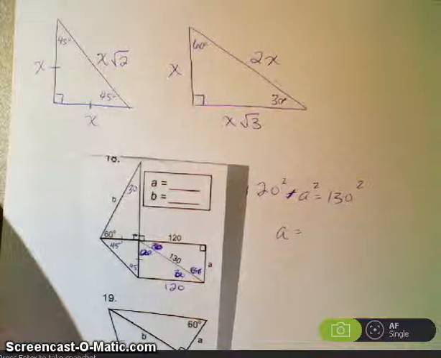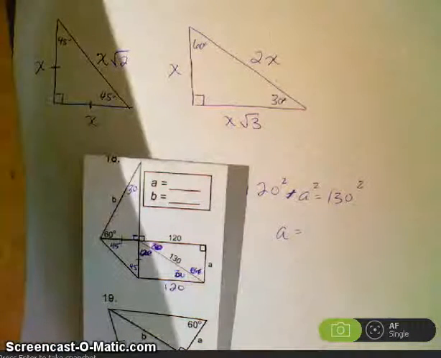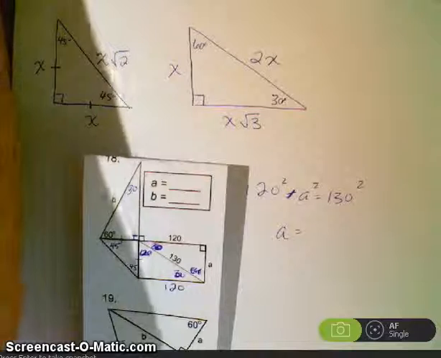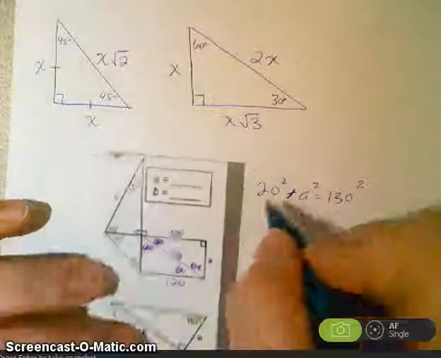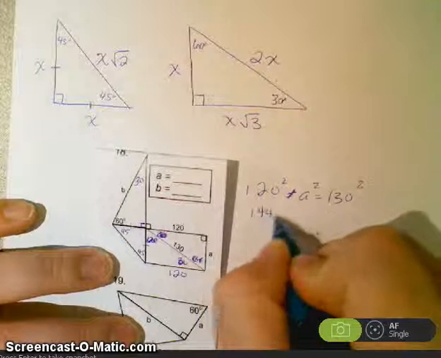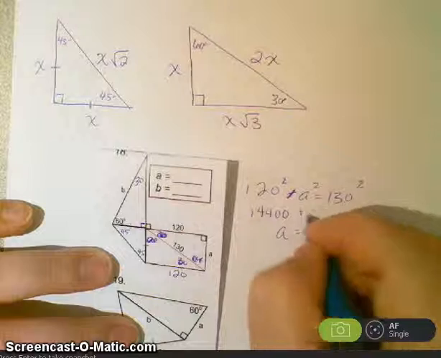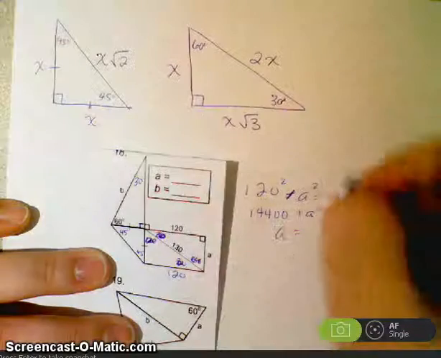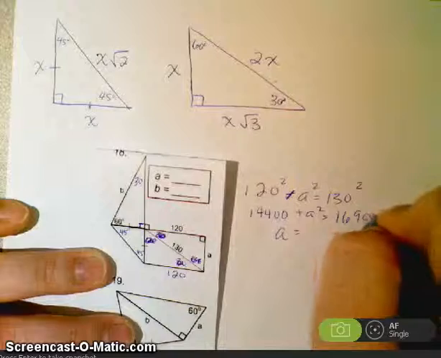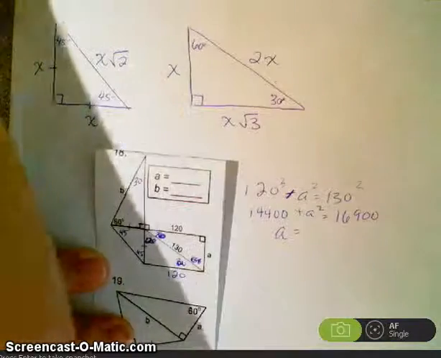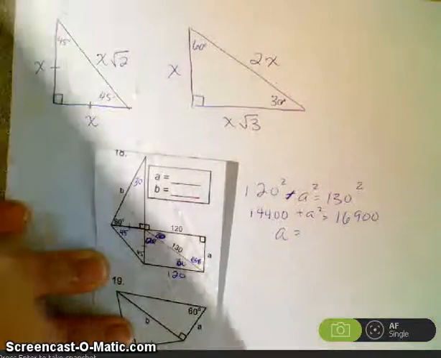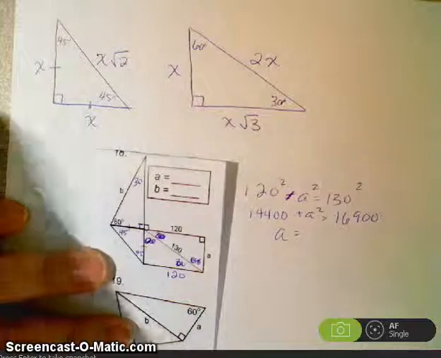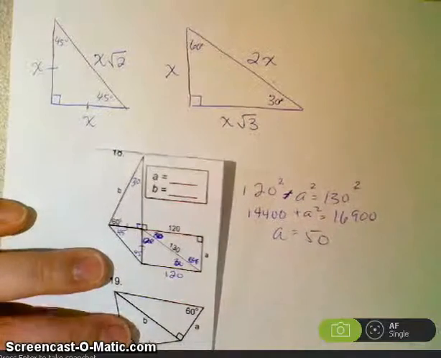Let's see what I get. 120 squared is 1440 plus a squared equals... Alright, so I got 50 for A.